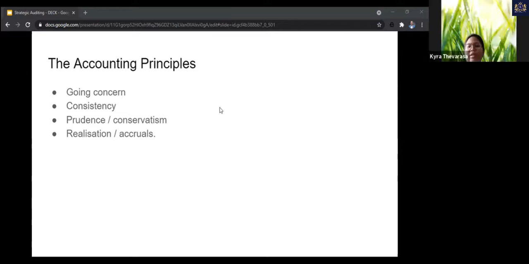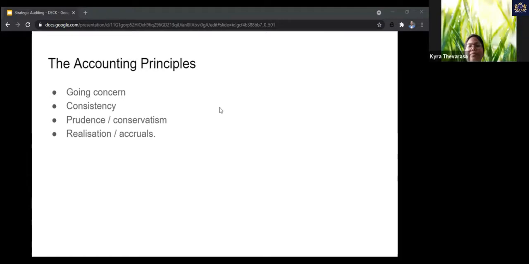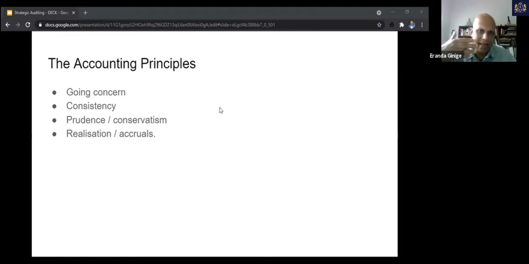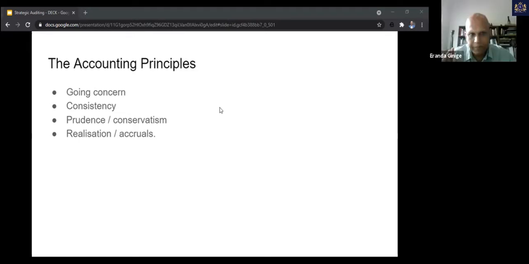Right. So sometimes you sign an agreement of some kind of a business deal. That is the day of the transaction, right? The monies will exchange at a different time. So this is the idea of accruals.